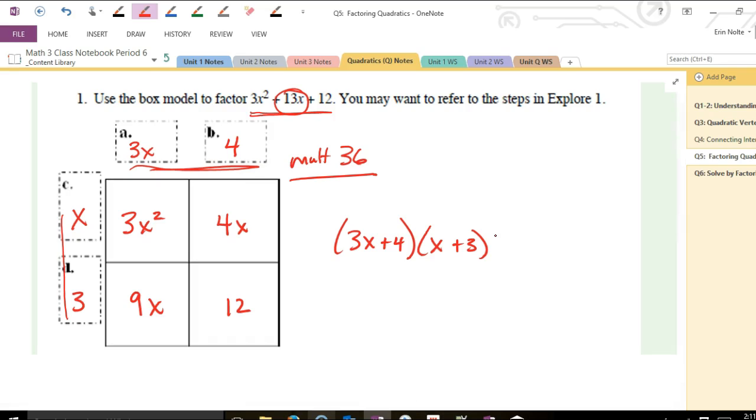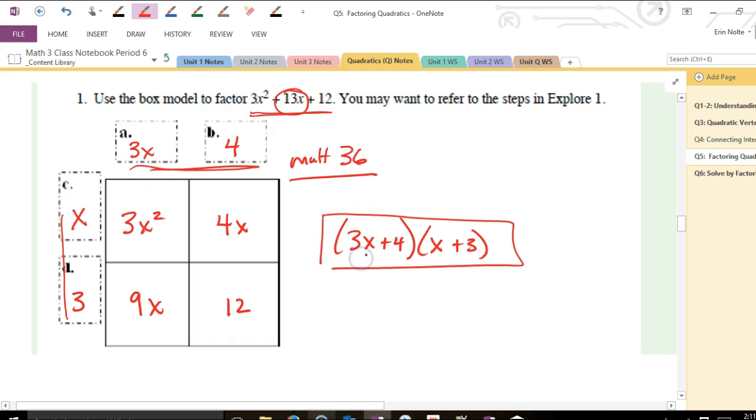What I want you to understand is that if I took this factored form and FOILed it, remember like we did before, what's 3x times x? 3x squared. What's 3x times 3? 9x.